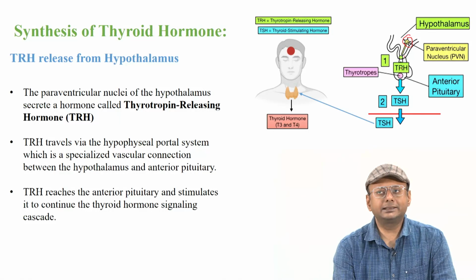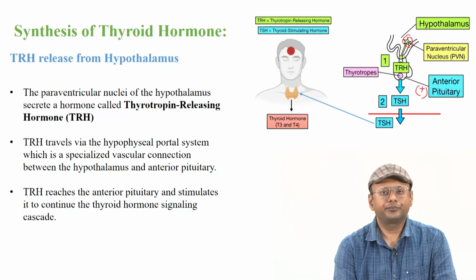Once TRH is secreted from the paraventricular nucleus of the hypothalamus, it comes out and, through the hypophyseal portal system, goes to the anterior pituitary and stimulates it. Once it stimulates the anterior pituitary, it secretes another hormone, TSH, or thyroid stimulating hormone.